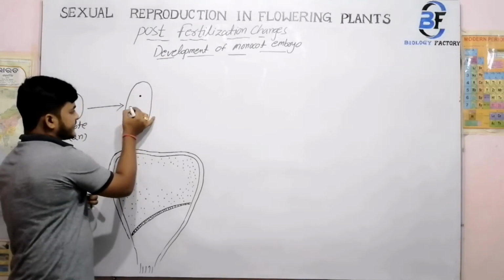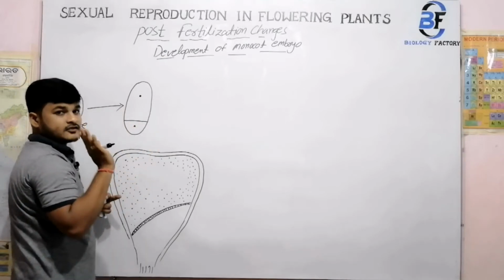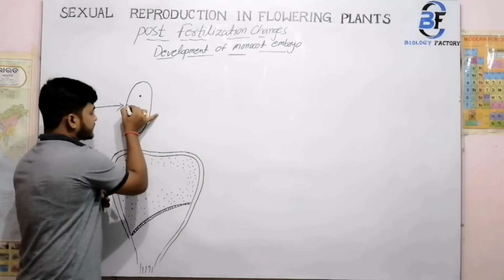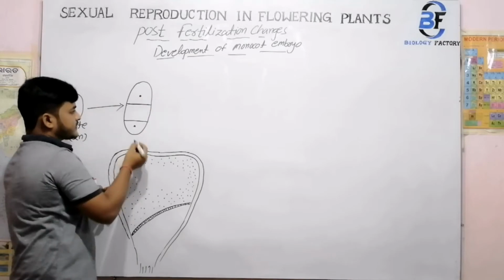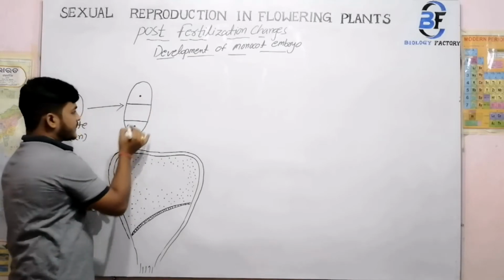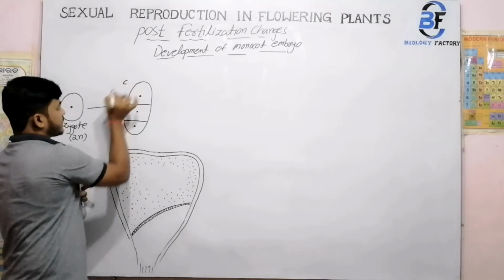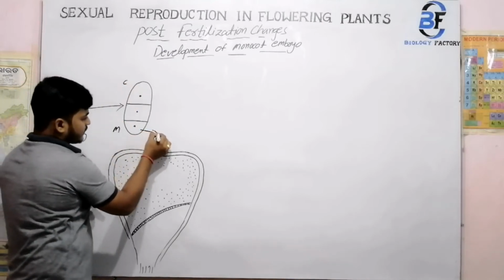Next, the second cell is again divided. That means among these two, a single cell is divided. Both the cells are not divided. A single cell is there, right? And 3 cells are formed. Here is your first cell, here is your second, here is your third cell. So we name it. Here is your chalazal end, here is your micropyle, here is your basal cell.